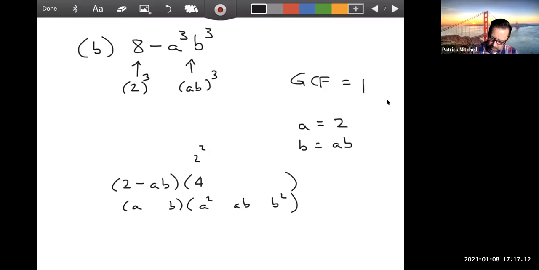Oh, I forgot to fill in my signs. Same, opposite, always plus. All right, so playing the role of a is 2, playing the role of b is ab. So this is going to be a plus 2ab. All right, and then finally b squared. Remember who's playing b? ab is playing b.